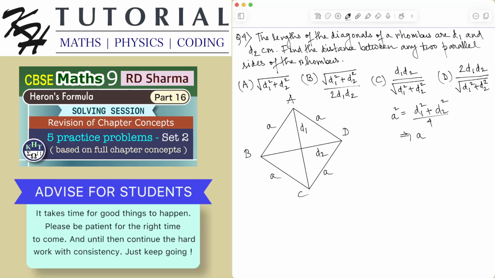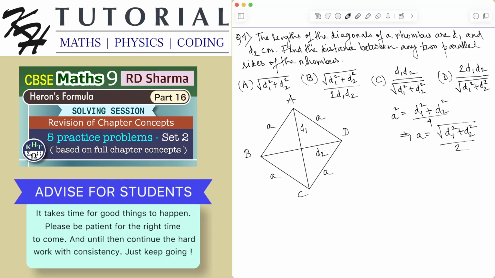This implies A is equal to square root of D1 square plus D2 square by 2. Now rhombus is a parallelogram.